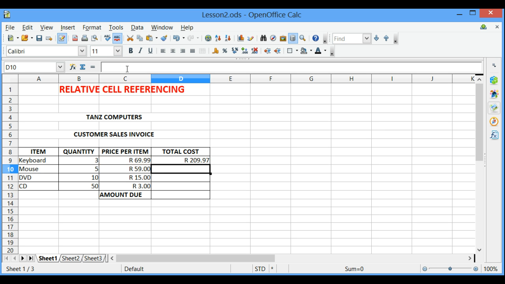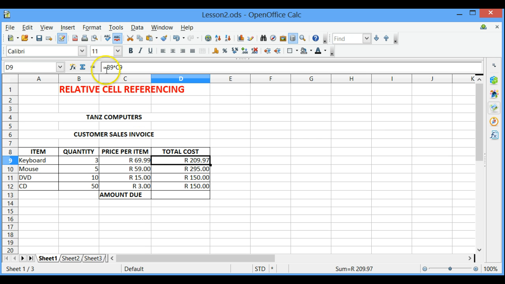I press the enter key and it will give me the value for all the keyboards, the total cost of all the keyboards. I now want to copy this formula down for all the other items that were purchased, and I am going to use the fill handle to copy the formula down. So let's look at firstly what was our formula that we typed in cell D9.